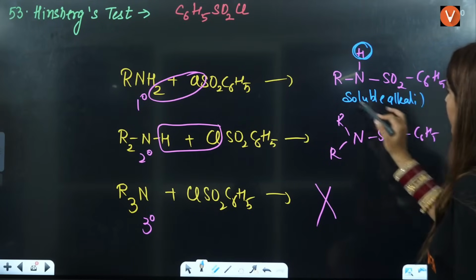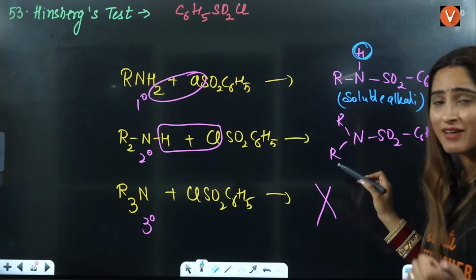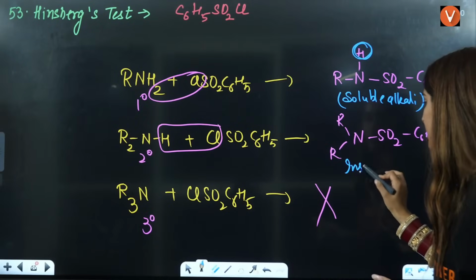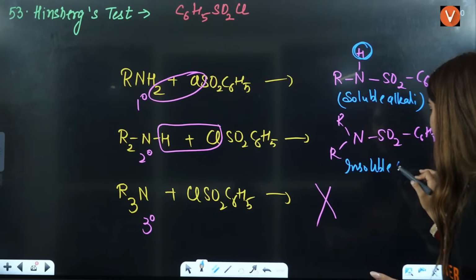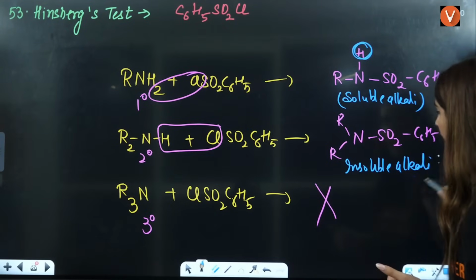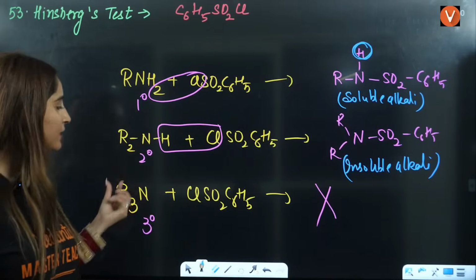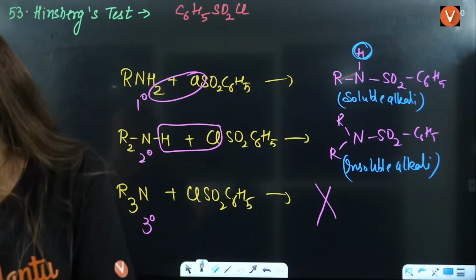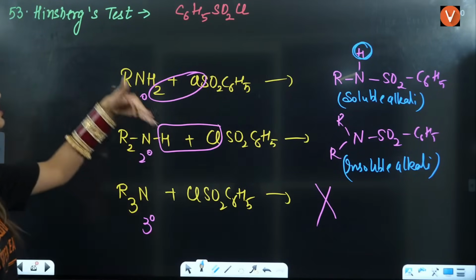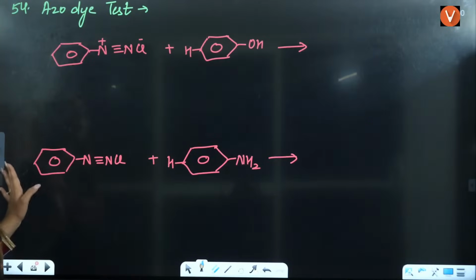Here this nitrogen does not have any hydrogen, so it is insoluble in alkali. And 3 degree will have no reaction because in the amine itself you don't have any hydrogen. So that is the distinguishing test for Hinsberg reagent.